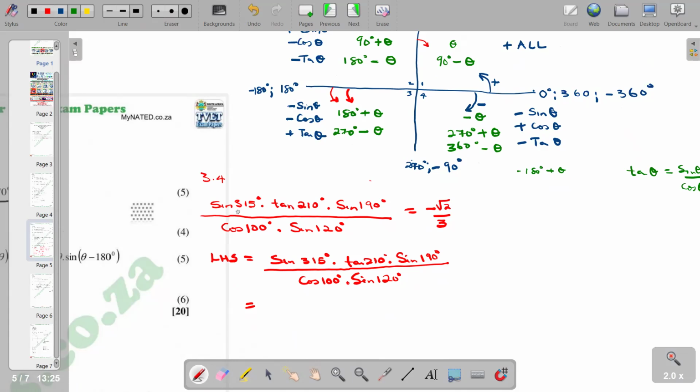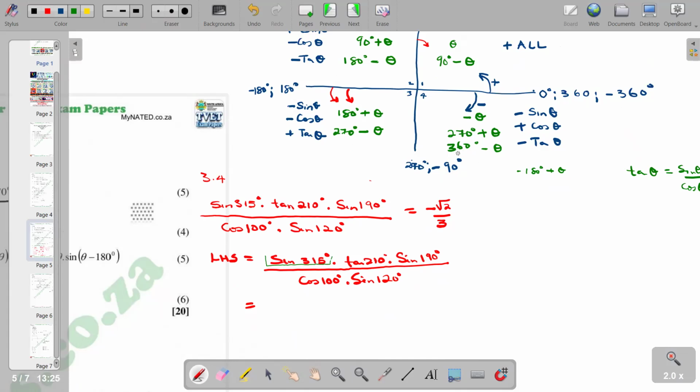So we are going to answer this question. We look at angle by angle, first ratio by ratio. We ask here, 315 is in which quadrant? It's greater than 270 but less than 360, so it's in the fourth quadrant. How can we write an angle in the fourth quadrant?